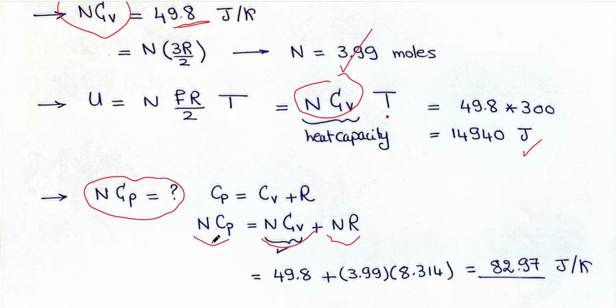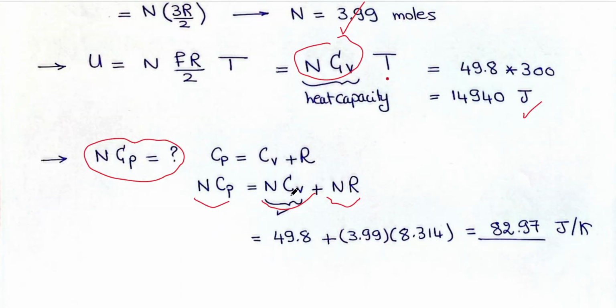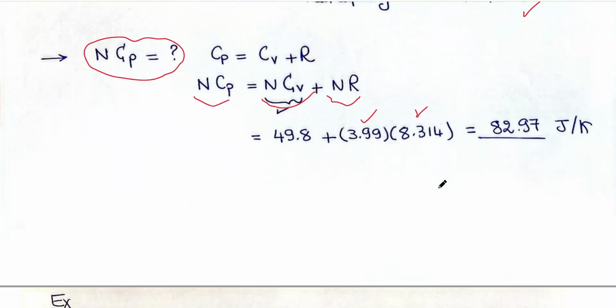I want to calculate NCP, so I will substitute with NCV, which is given, plus N, which I calculated, and R is 8.314, to calculate the heat capacity of the gas under constant pressure. And of course, the unit is joule per Kelvin. These are very trivial examples, you are just substituting in simple equations.